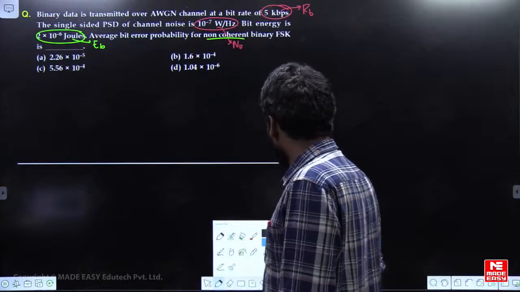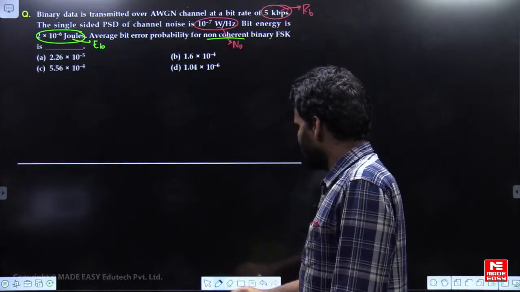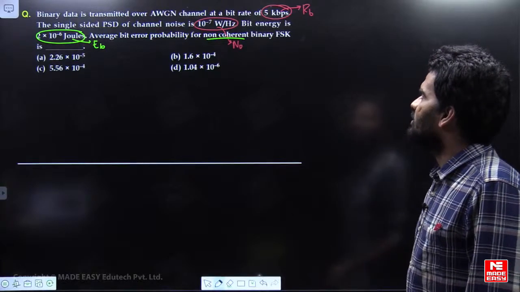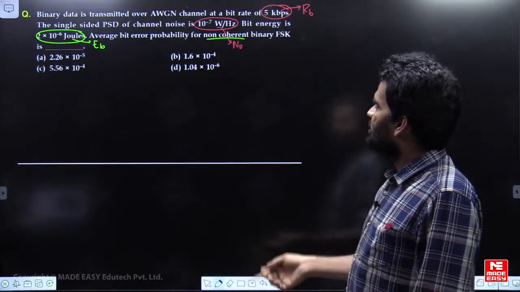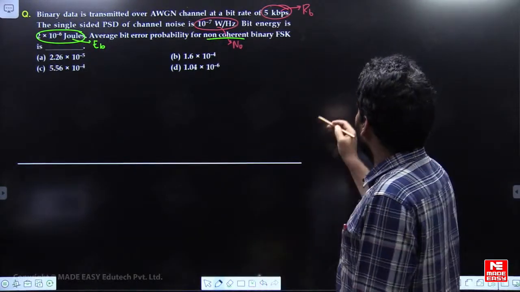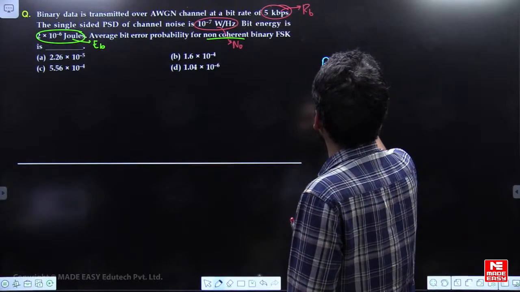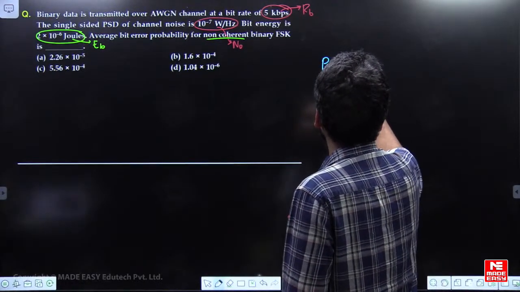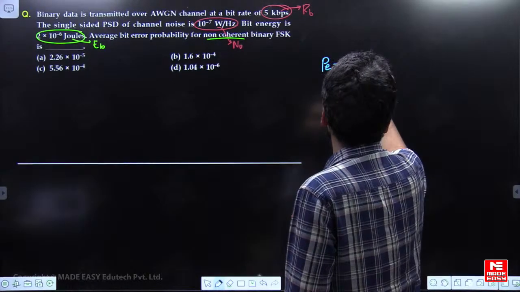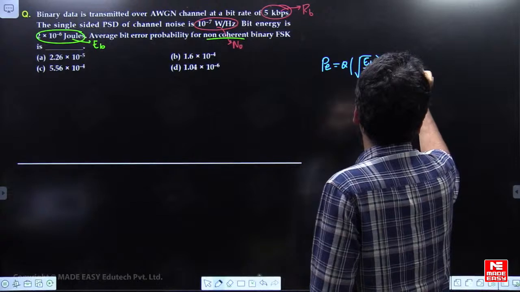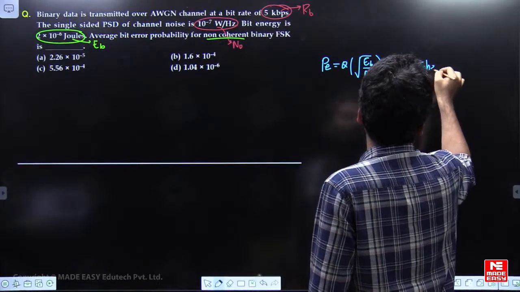The average bit error probability for non-coherent binary FSK, you should be careful about this. Here we have to find the probability of error of non-coherent BFSK. Binary FSK means normal FSK only. What is the probability of error for coherent FSK? For coherent FSK it is Q of root over EB by N naught.